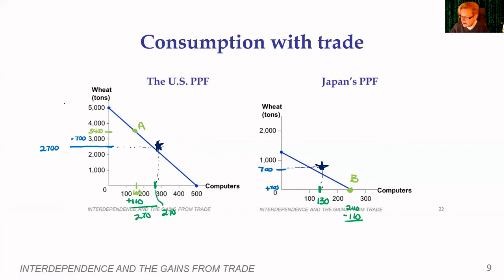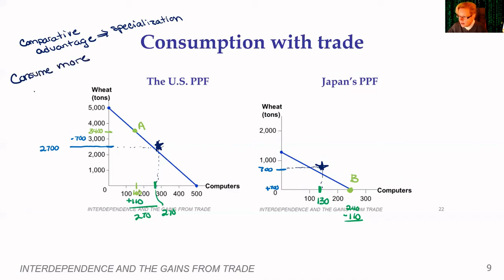This is really important: this is why trade makes everyone better off, because through using the principles of comparative advantage, which tells which country what to specialize in, what they do best, a country can consume more than they can produce.